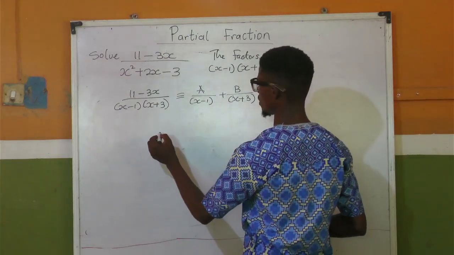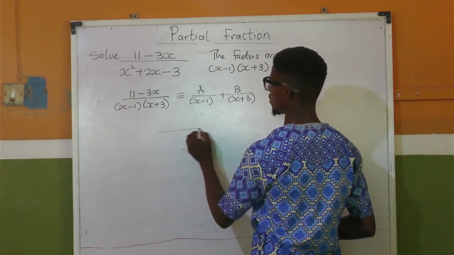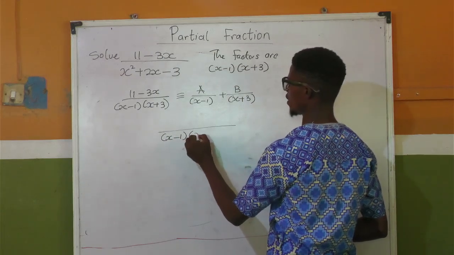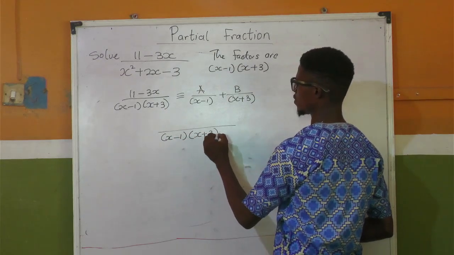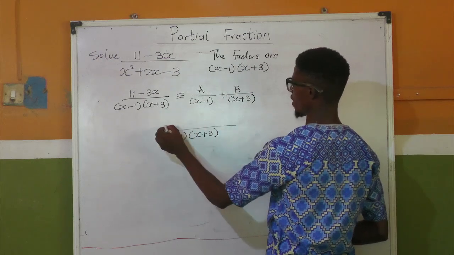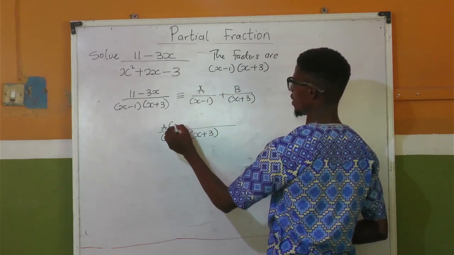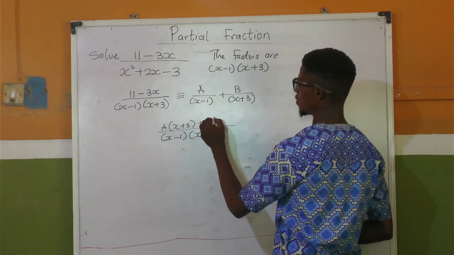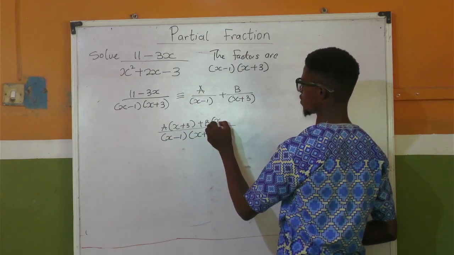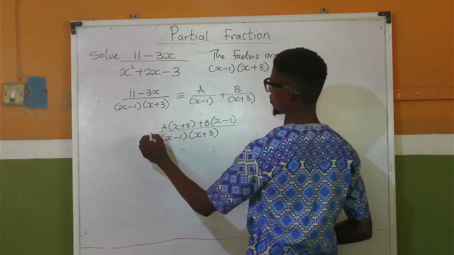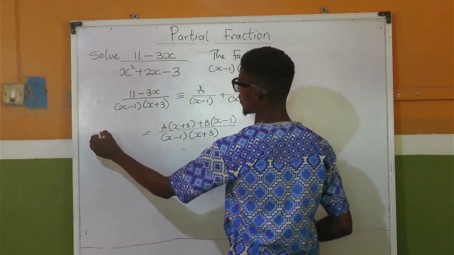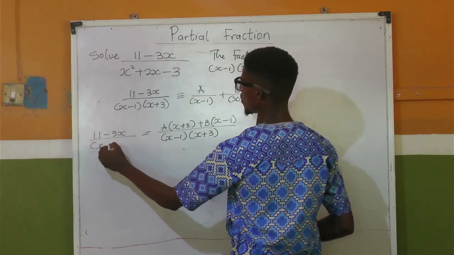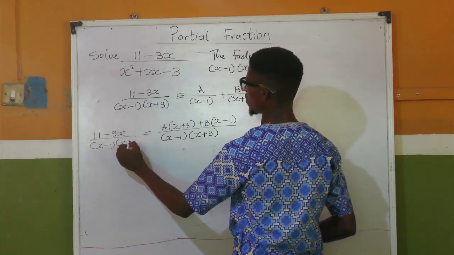So we're basically going to say (x minus 1)(x plus 3). When we combine, we are going to have A into x plus 3 plus B into x minus 1. Let's write down this expression also beside it: 11 minus 3x over (x minus 1)(x plus 3).